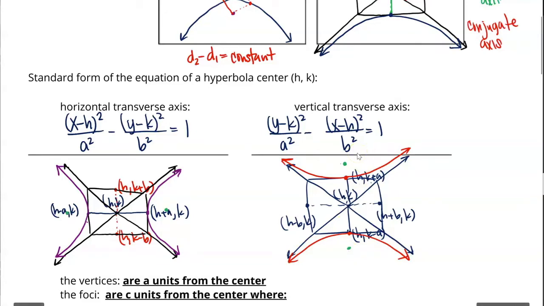But they're c units away from the center. So this distance would be c. And notice they go in the same direction as the a value or the vertices. So you'll hit the vertices first, and then the foci. And your c squared for hyperbolas is going to be equal to a squared plus b squared.